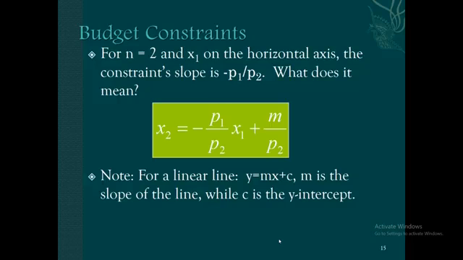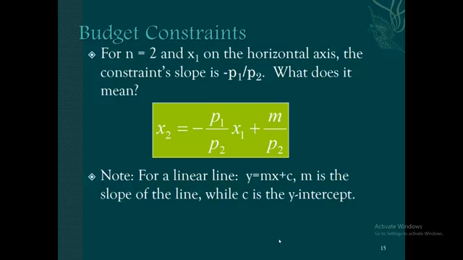This is represented by the negative sign. So for n equal to 2, where the total number of commodities is 2, and x1 is on the horizontal axis, the constraint's slope is negative p1 by p2.